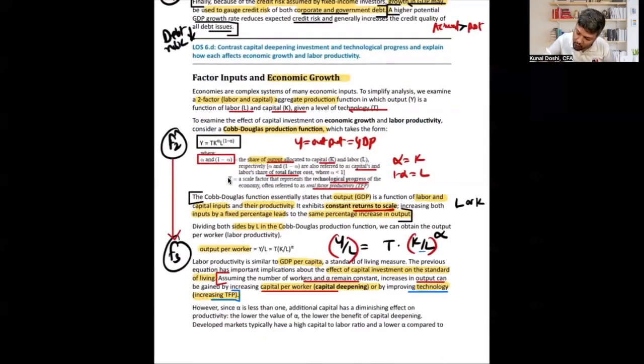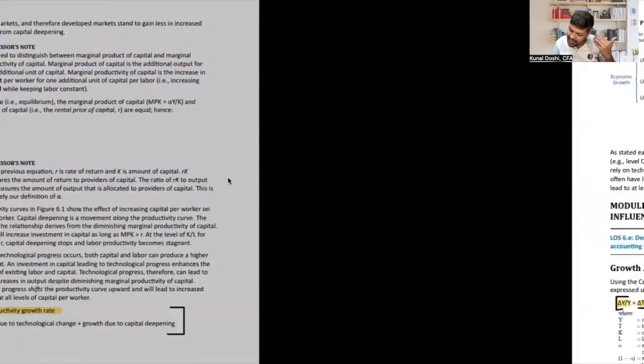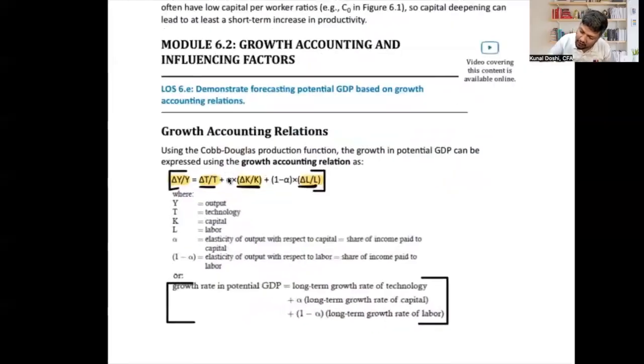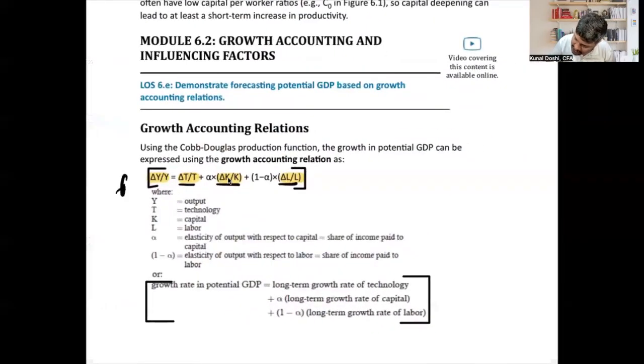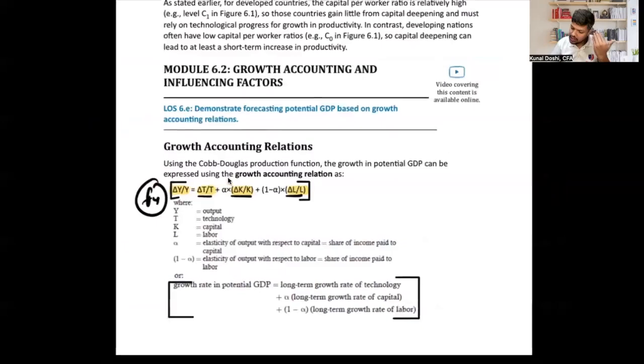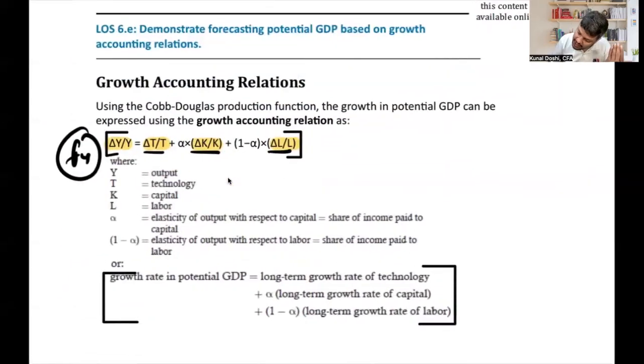So this F2, F3 and F4, I'm connecting all these three formulas together. F2, F3 and F4. Understood? Again, this is Cobb-Douglas production function only. It is also growth in potential GDP, but expressed in growth terms. Growth means change.